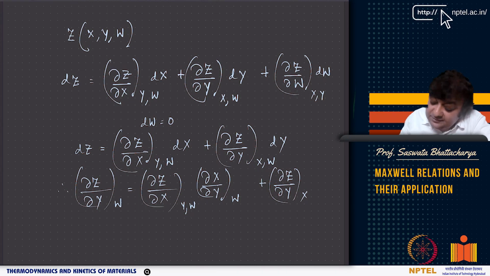So if dw equal to 0, then dz equals del Z del x at y comma w dx plus del Z del y at x comma w dy. If I differentiate again with respect to y, basically dividing both sides by dy, I get del Z del y at w equals del Z del x at y and w times del x del y at w, plus del Z del y at x, right. This is a relation that we are very familiar with and can easily derive.